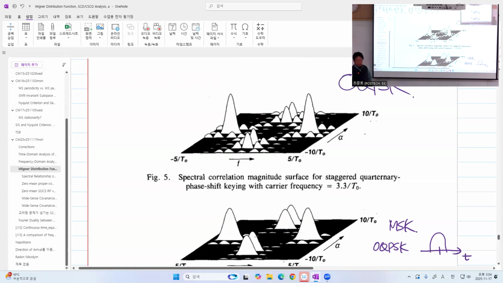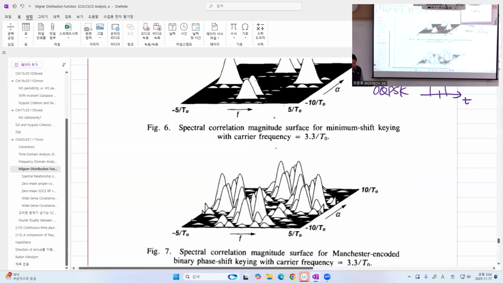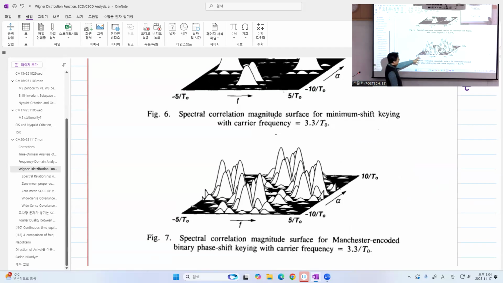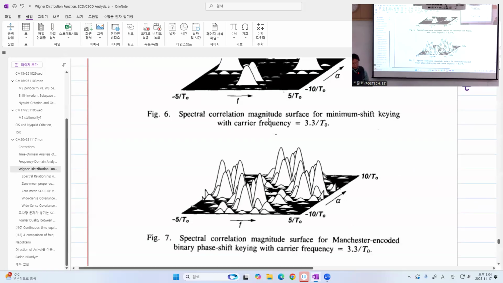Got it? They are kind of cousins. And the last one, Manchester coded BPSK. Very complicated, but you can clearly see this improper component in the SCD.